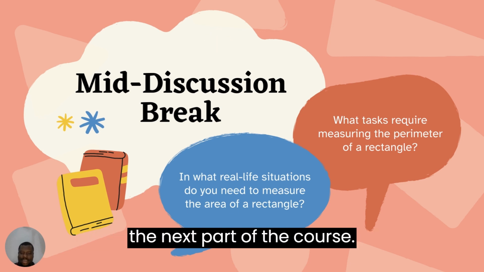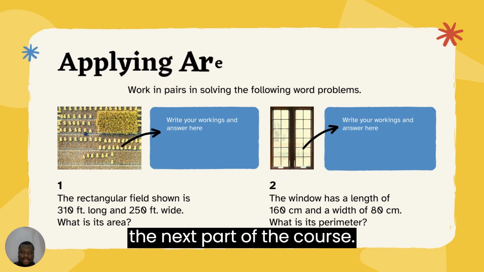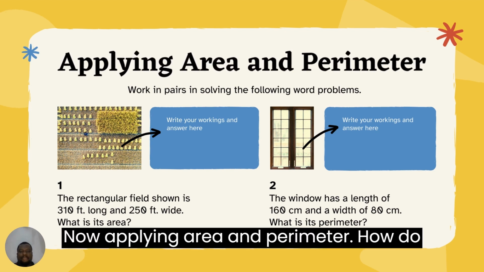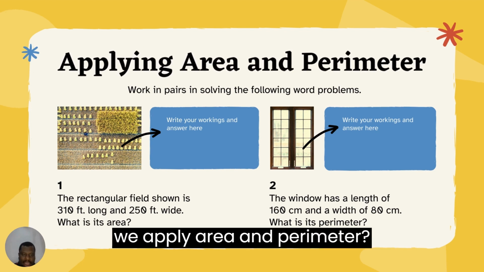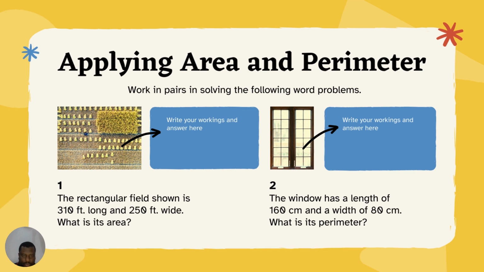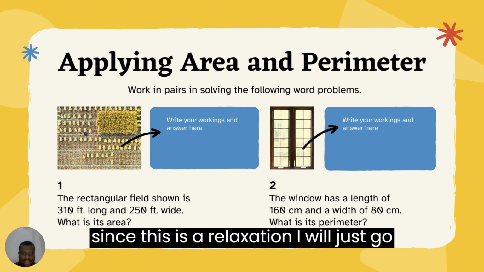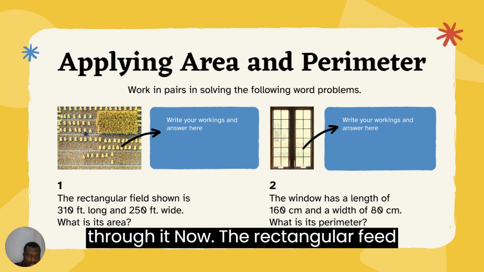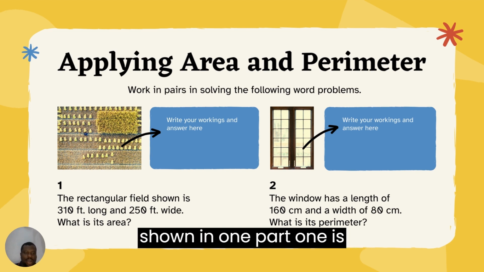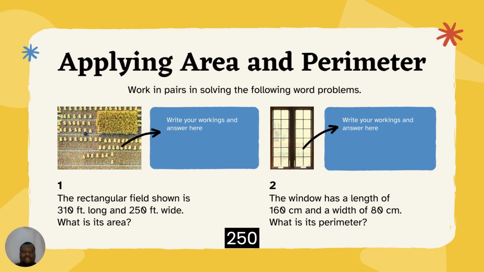All right, let's move to the next part of the course: applying area and perimeter. How do we apply area and perimeter? We would likely work in pairs, but since this is an online session, we will just go through it. The rectangular field shown in part 1 is 310 feet long and 250 feet wide.